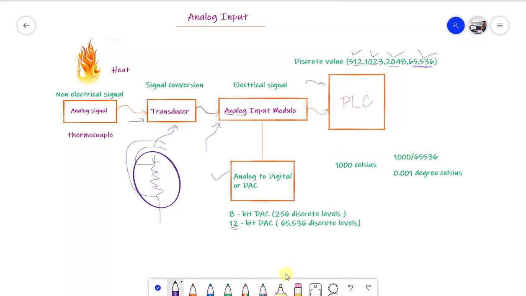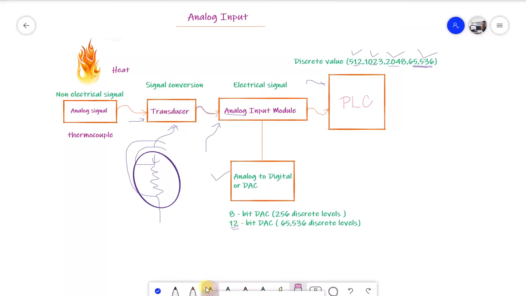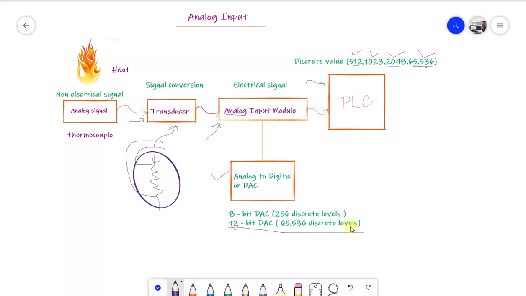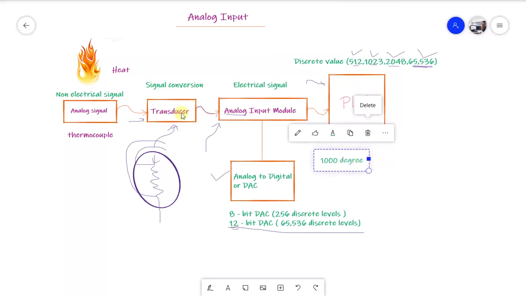For example, if you're using a 12-bit tag, and your analog input is reading, say, 1000 degrees Celsius, this will give the maximum value, that is 10 volt.